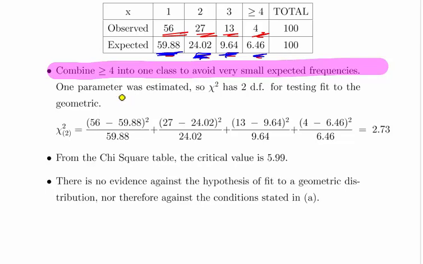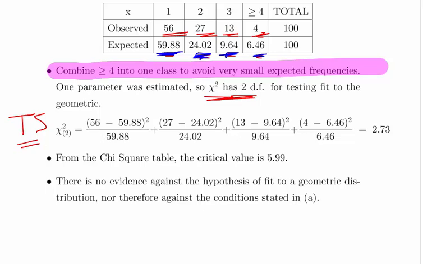Now, one parameter is estimated. So what we're going to use is a chi-square test here with 2 degrees of freedom for testing the geometric distribution. So what we're going to do here is calculate our test statistic. And this is a very straightforward calculation, consistent with the chi-square test calculations that you would normally do.